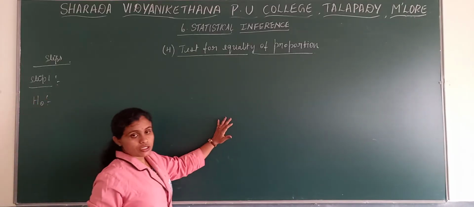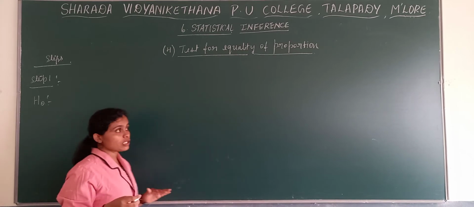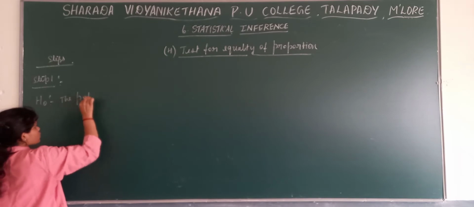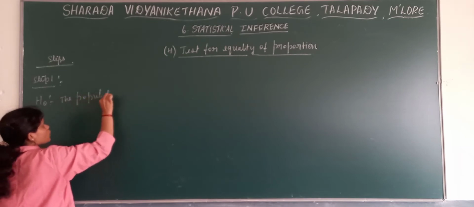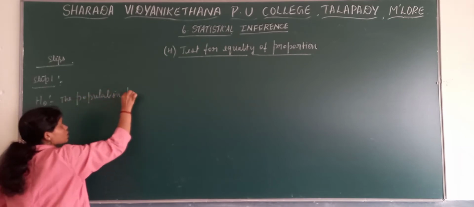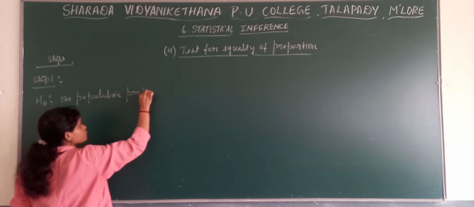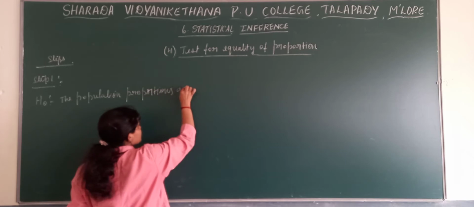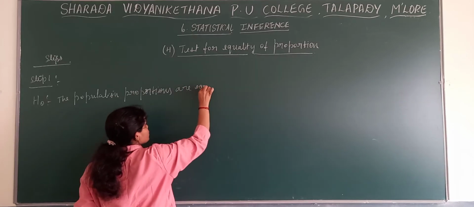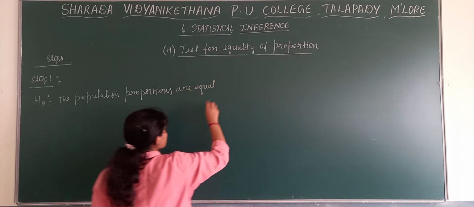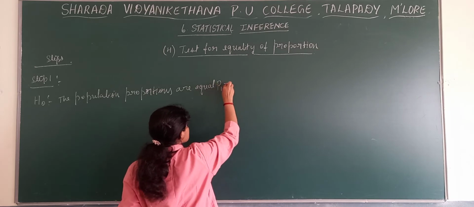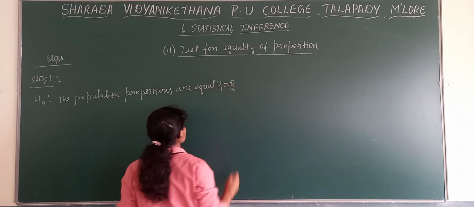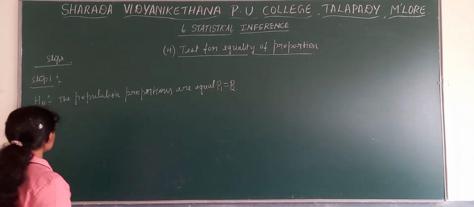The population proportions are equal. That means P1 is equal to P2. This is about null hypothesis.